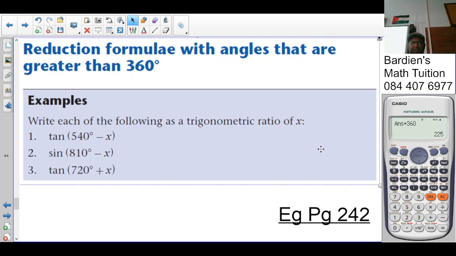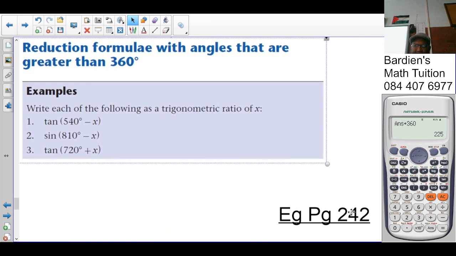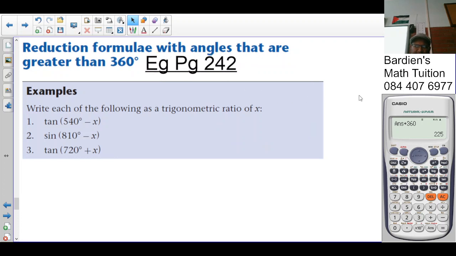So now we're looking at the reduction formulae with angles that are greater than 360 degrees. Okay, that's your next subheading.